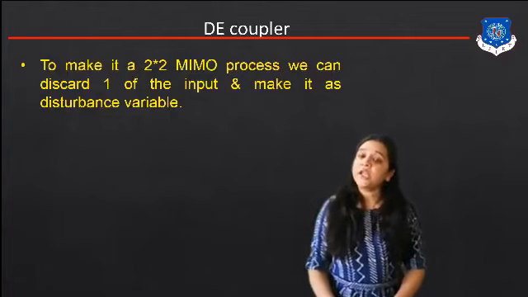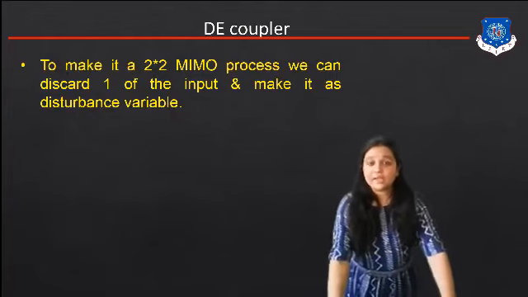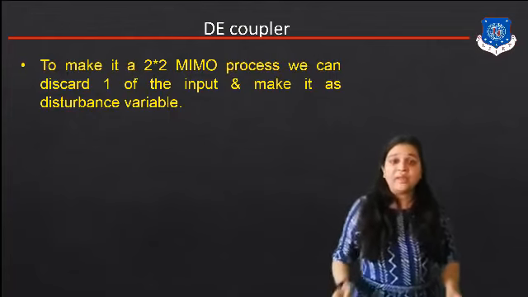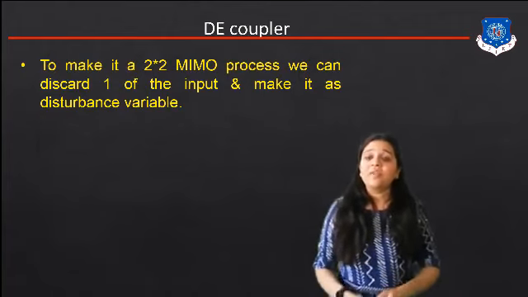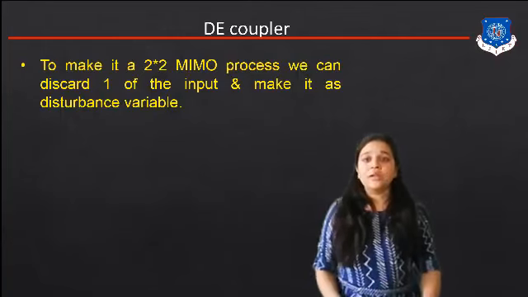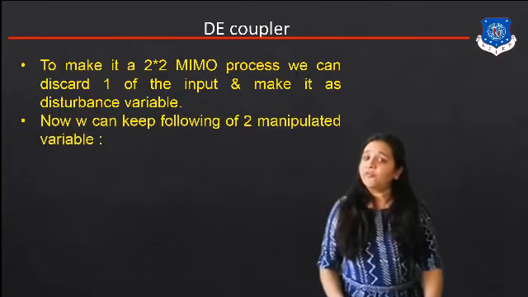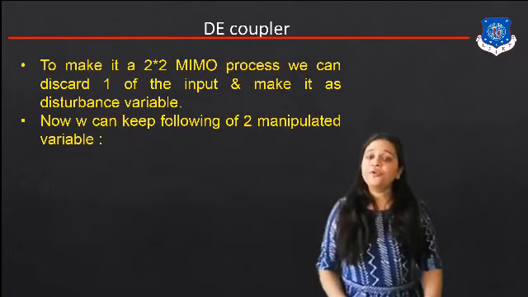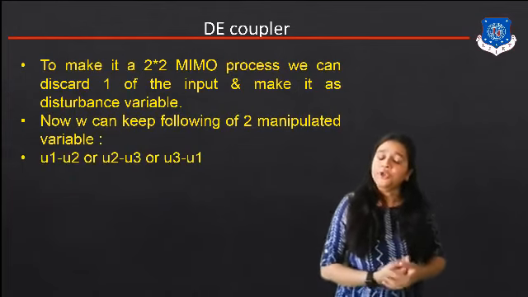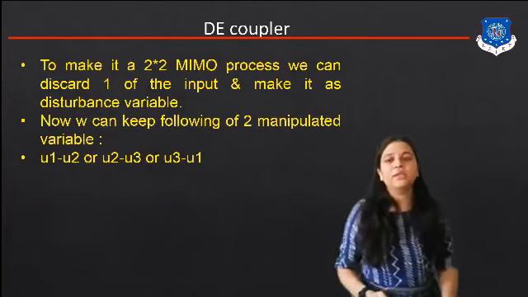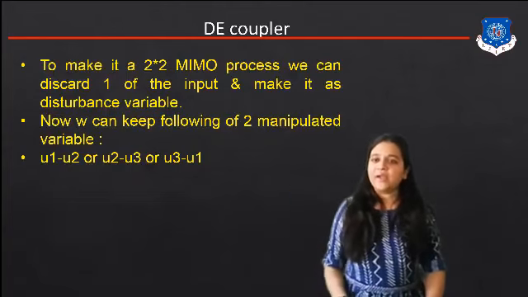So to make it a 2 cross 2 MIMO process, we can discard one of the inputs and make it a disturbance variable. But which input will be discarded, that we have to study in the decoupler. Suppose we keep one of the following pairs of manipulated variables: U1 minus U2, or U2 minus U3, or U3 minus U1. There are some possibilities to discard one input.